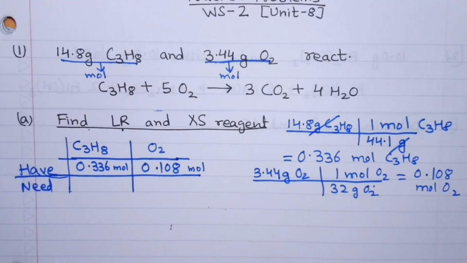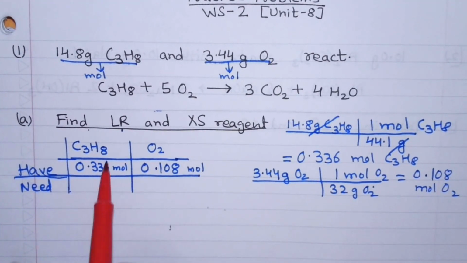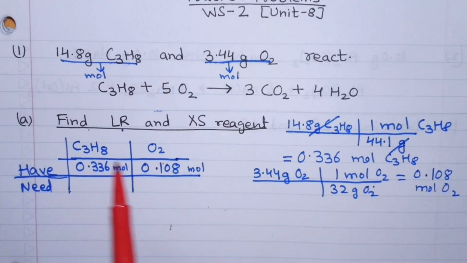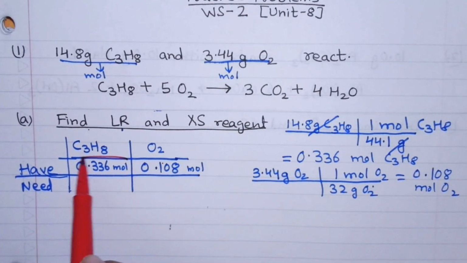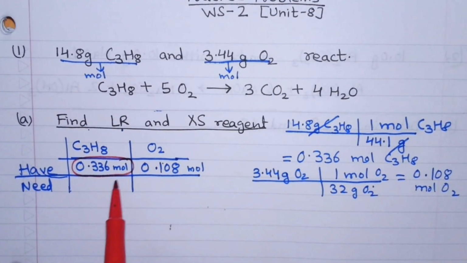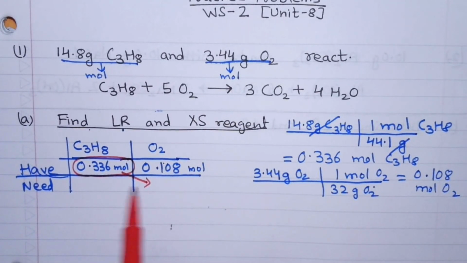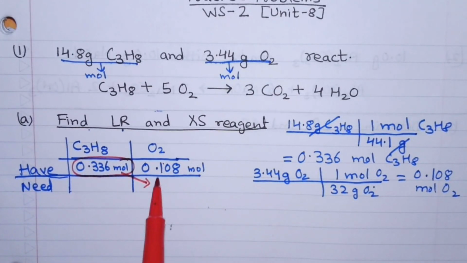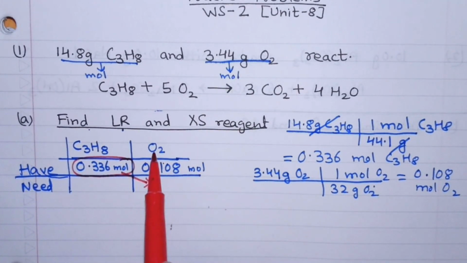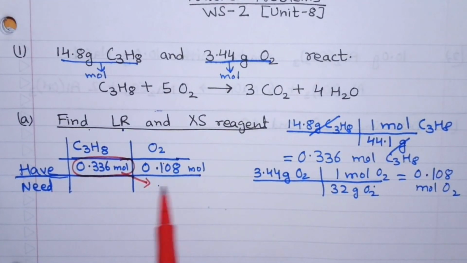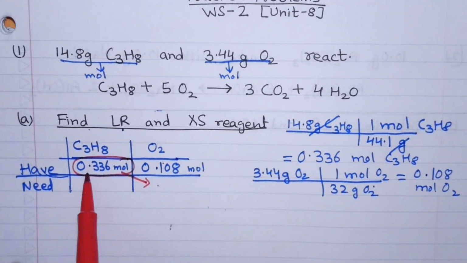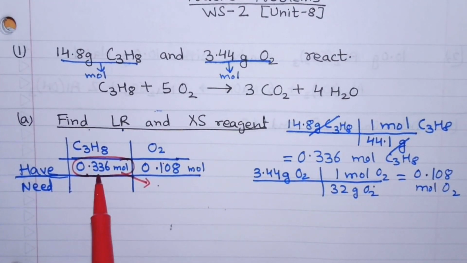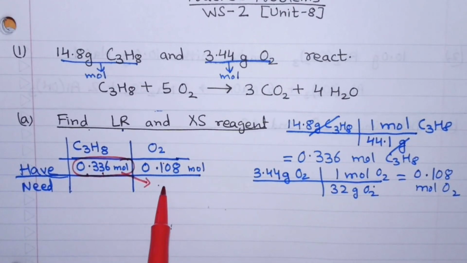Now I am going to pick one number. You can pick this or that, it does not really matter, but I have a habit of picking the first one first, right? So starting with 0.336 moles of C3H8, you will figure out how many moles of oxygen you actually need, right? So how do we calculate? So this is your A, you're solving for B, going from moles of A to moles of B using mole ratio, right?